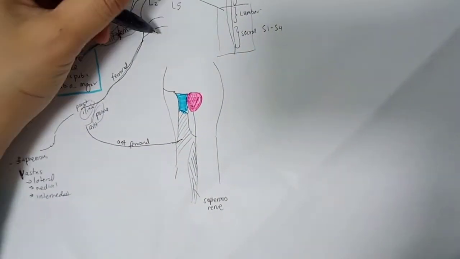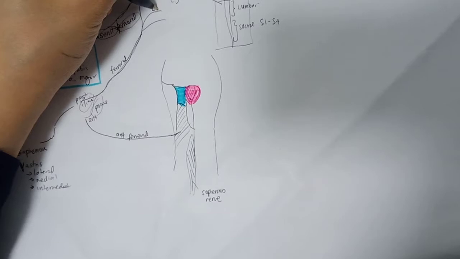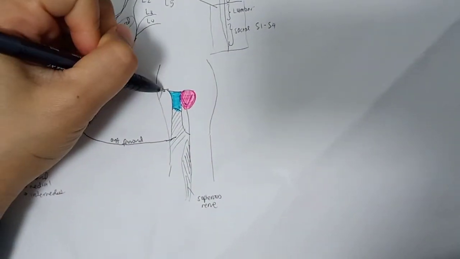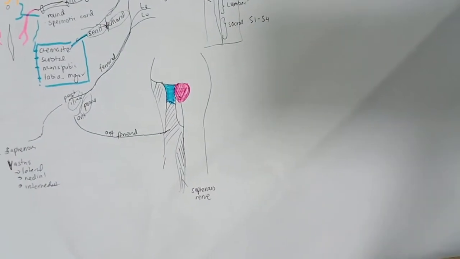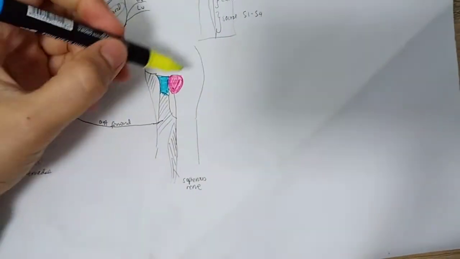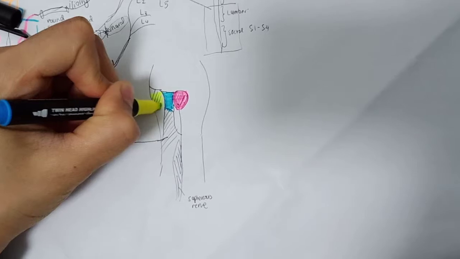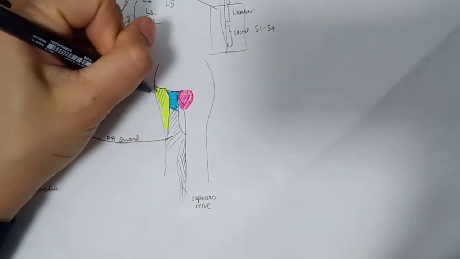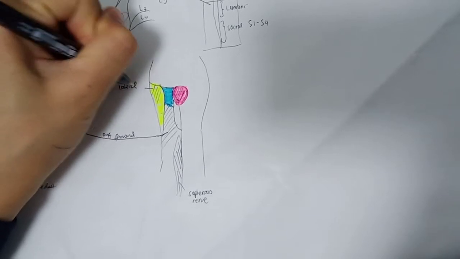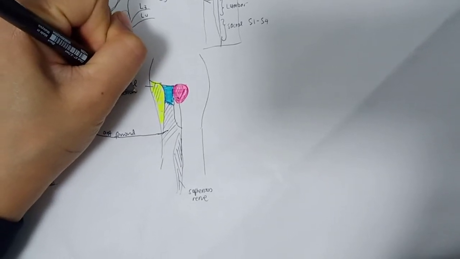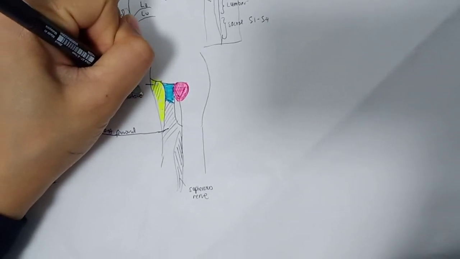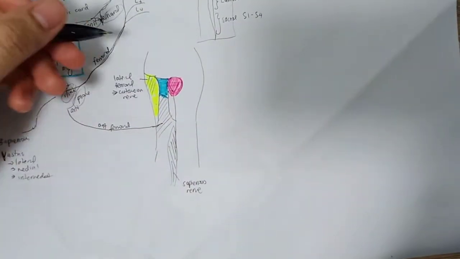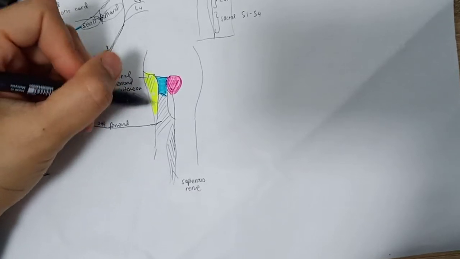And what else do we have here? L2, L3, and L4. Another thing that we have here is the lateral femoral cutaneous nerve. Since the name is cutaneous, it only gives innervation to the skin.